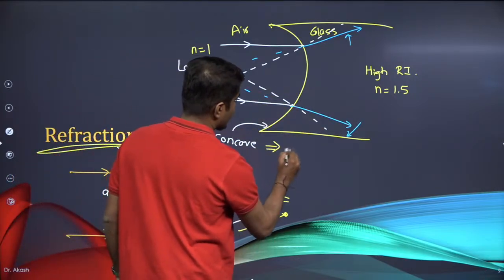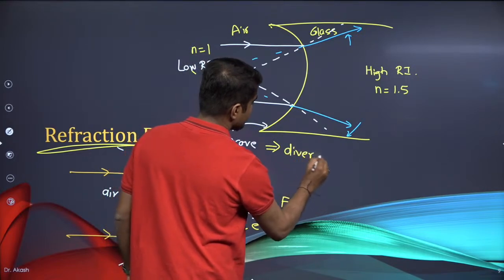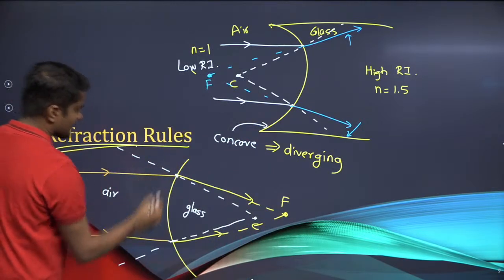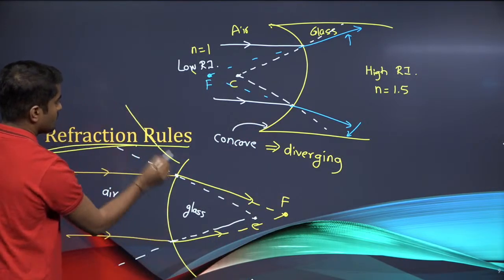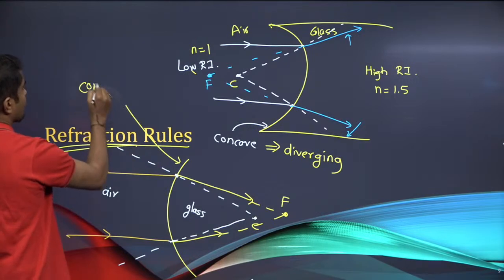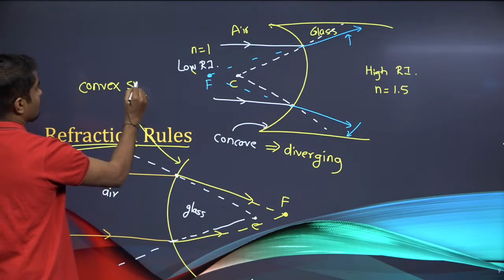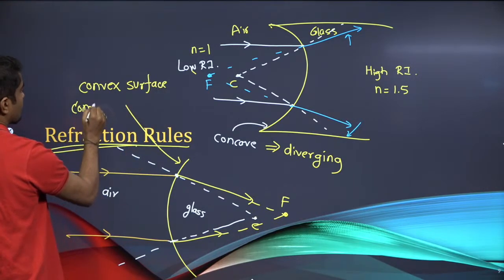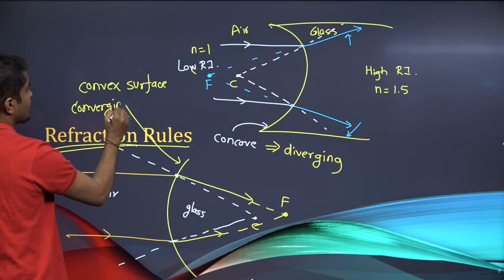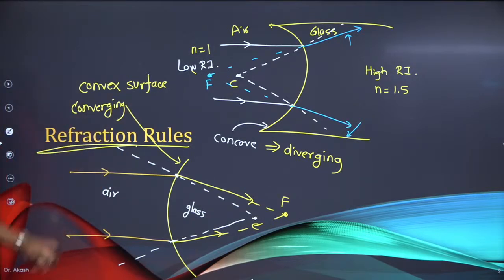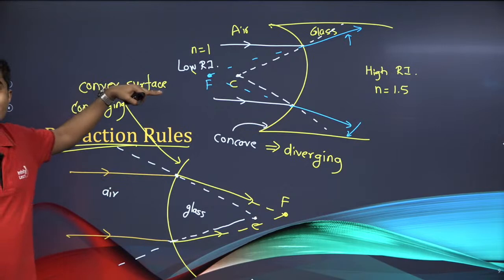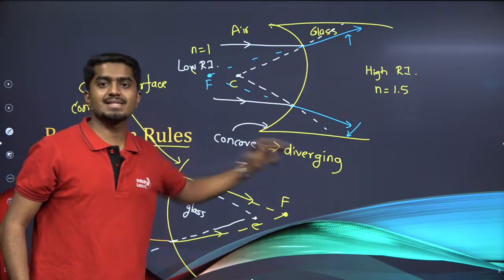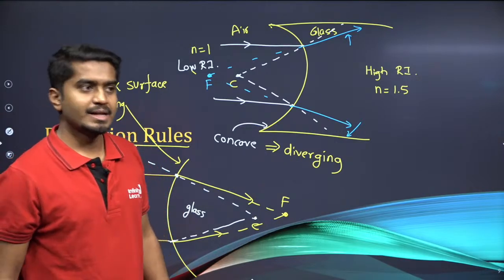Concave meaning diverging. I write here, this is a convex surface, and this is a converging surface. Clear? That is why the convex lens is called a converging lens and the concave lens is called a diverging lens. Clear?